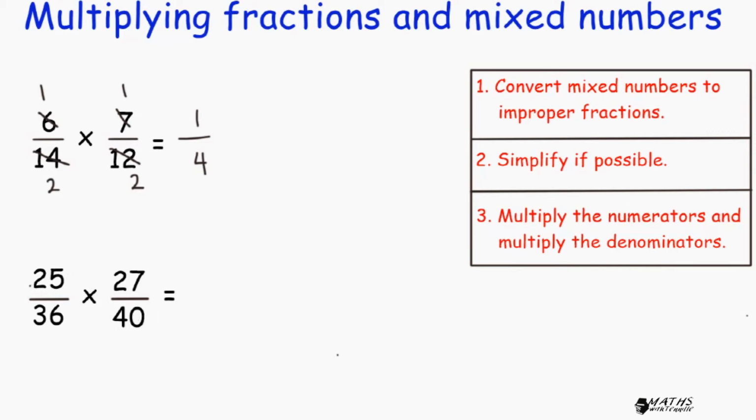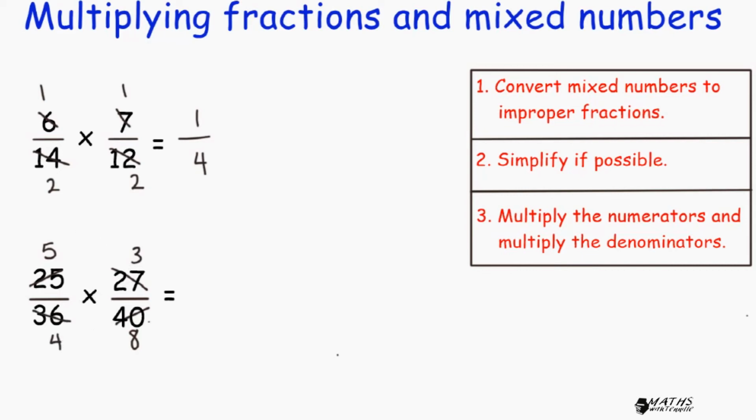So I'm going to simplify these two numbers. 5 goes into 25 5 times, and 5 goes into 40 8 times. Now I'm going to look at 27 and 36. And I can see that they both have a common factor of 9. I know that 9 goes into 27 3 times, and 9 goes into 36 4 times.